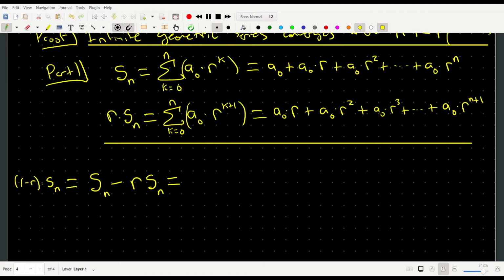But if you do this to the two finite series here, this is the same thing as the summation from k equals 0 to n of a naught times r to the k minus r to the k plus 1.